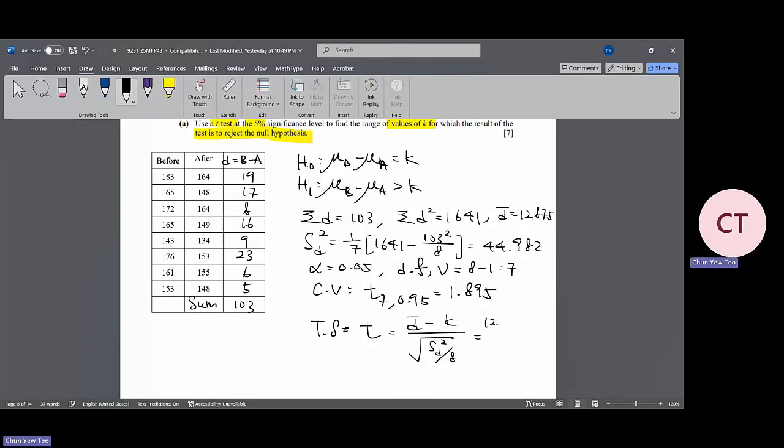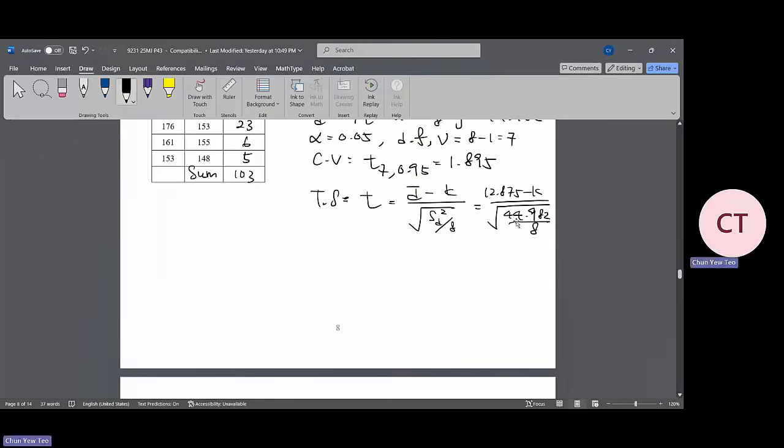Now you get 12.875 minus K divided by the square root of 44.982 divided by 8. So this is the test statistic.